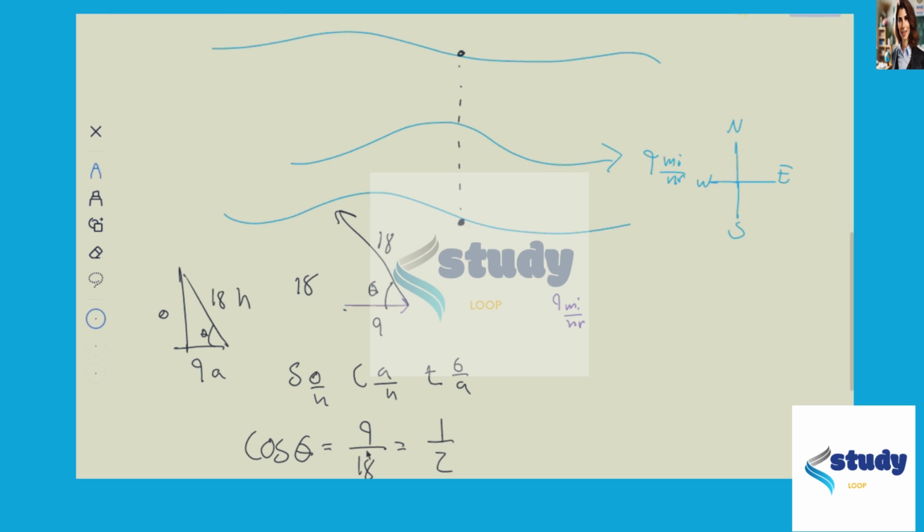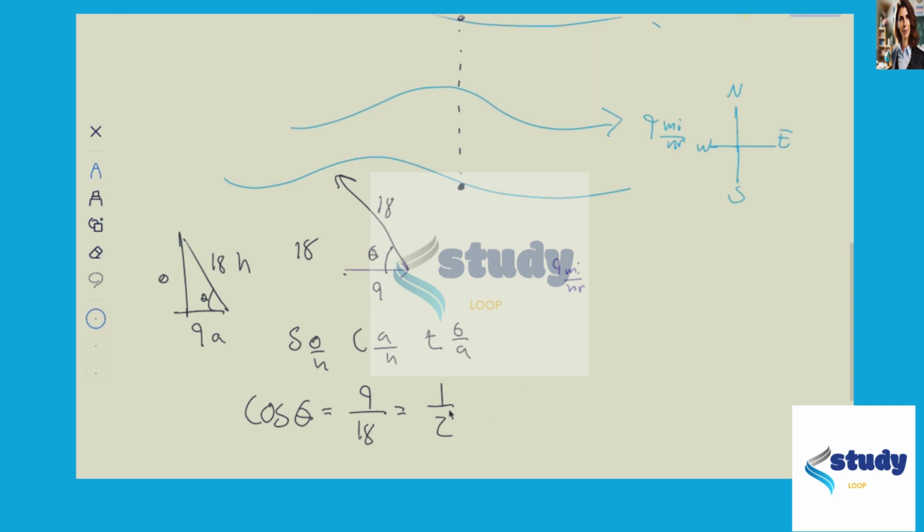What is theta if cos of theta is equal to 1/2? That's pi over 3. We can do that with arc cos in a calculator, or maybe we just memorized it from trigonometry. That's pi over 3, which in degrees is equivalent to 60 degrees.